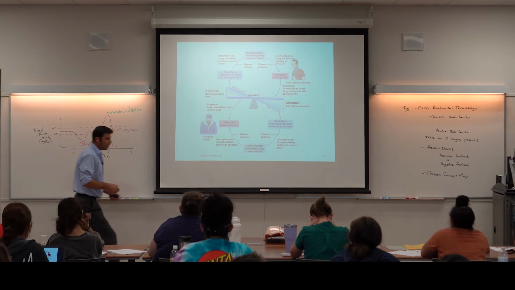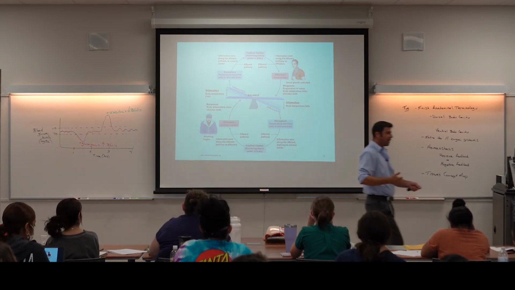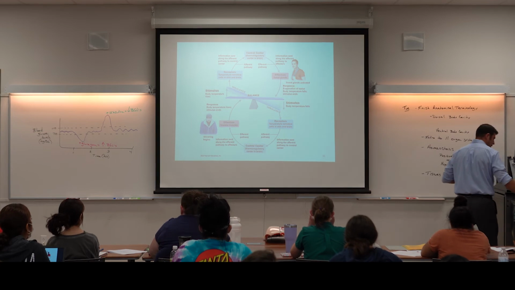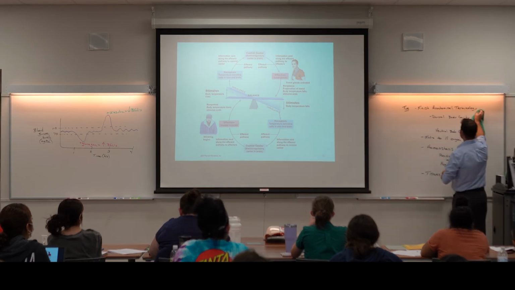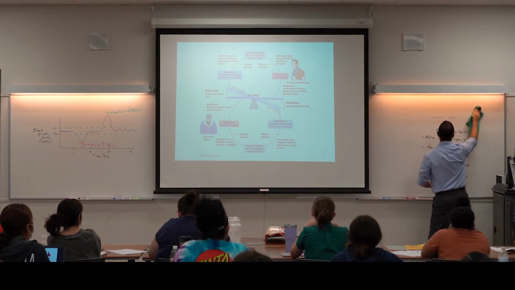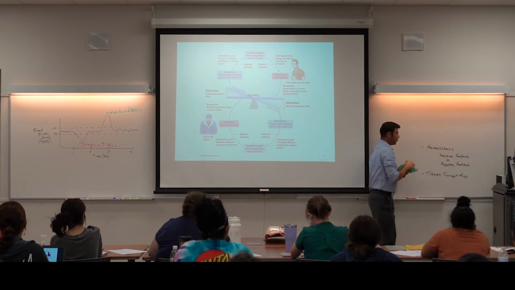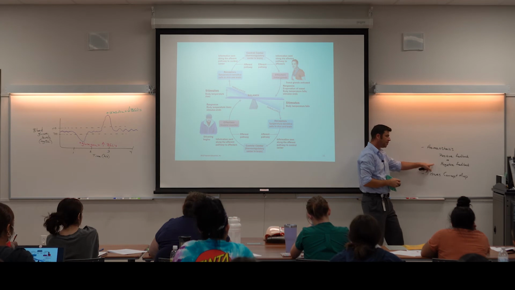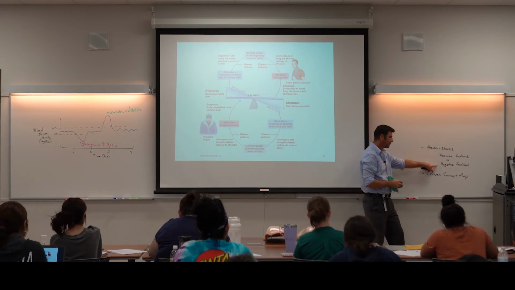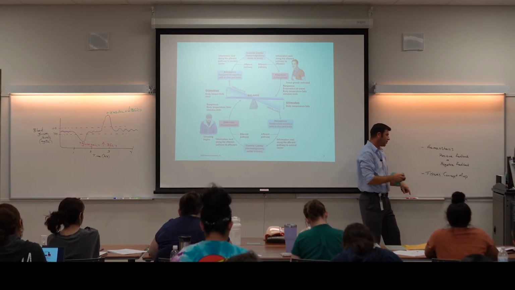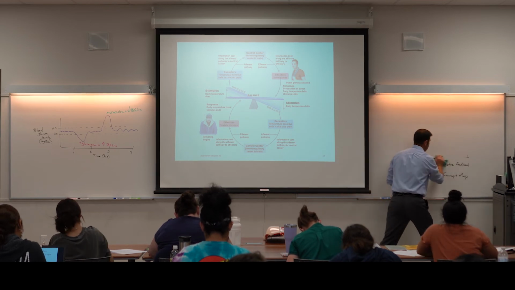Let me write this down because I realize I'm giving examples of the same thing, and there are some words that we can put to it. We're talking about homeostasis and positive or negative feedback. Let's distinguish these two, positive versus negative feedback.